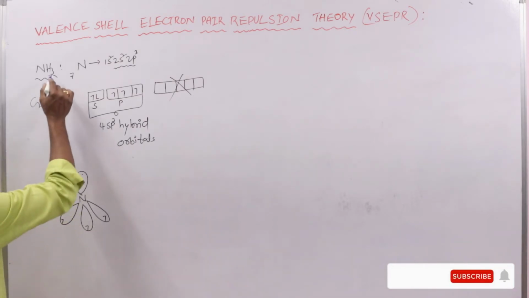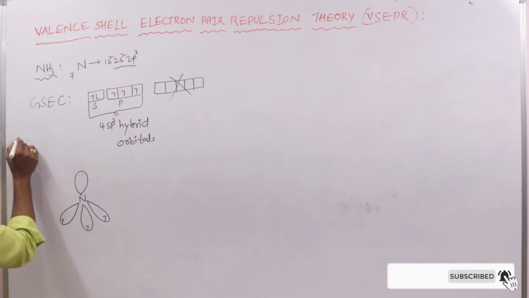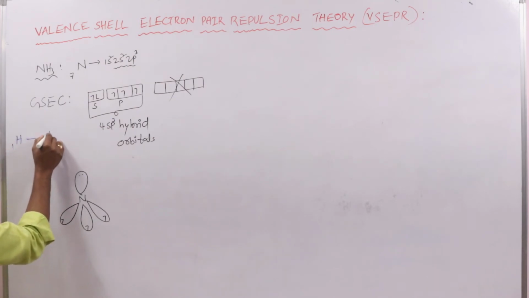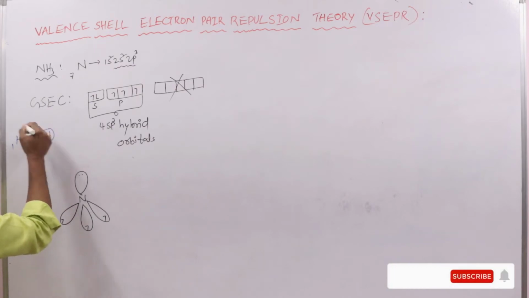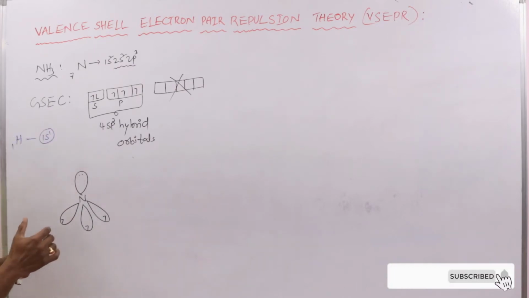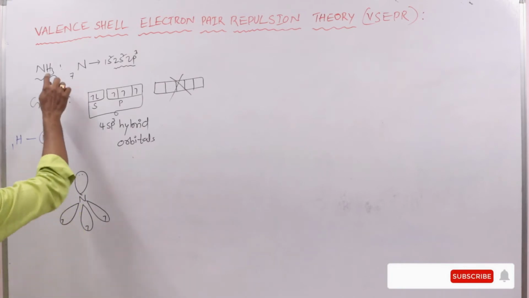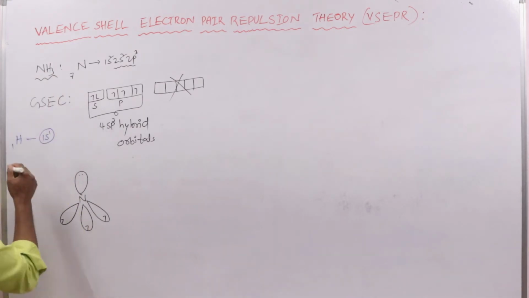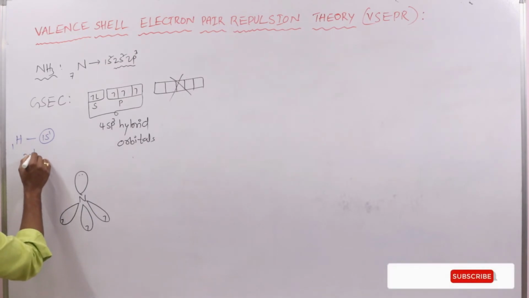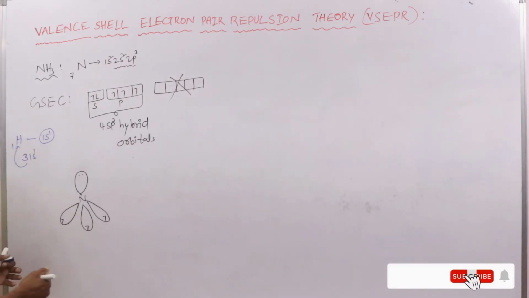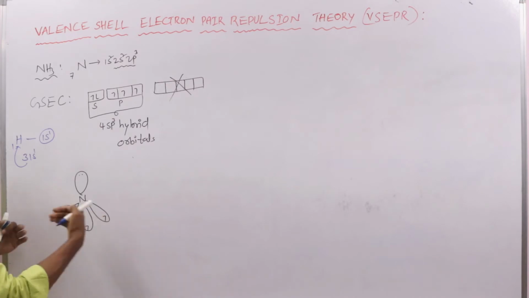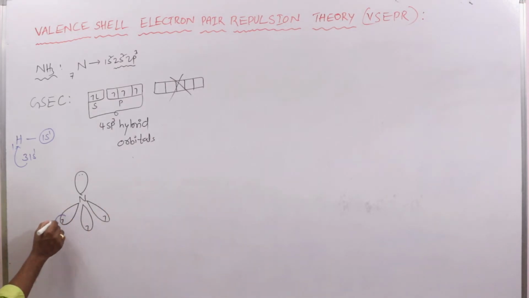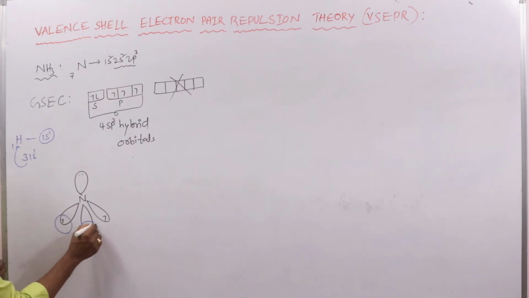The second element is hydrogen. The atomic number is 1 and the electronic configuration is 1s1, so the s orbital has one unpaired electron. There are 3 hydrogens, so the three 1s1 orbitals of hydrogen linearly overlap with the hybrid orbitals of nitrogen.